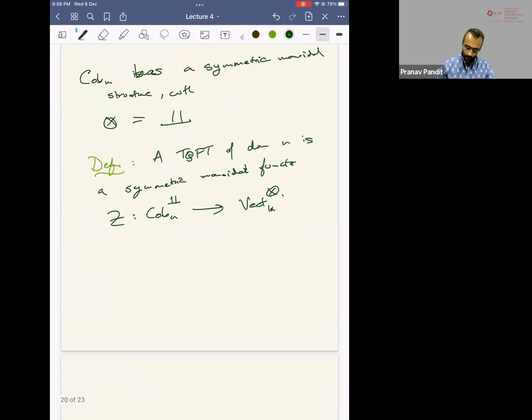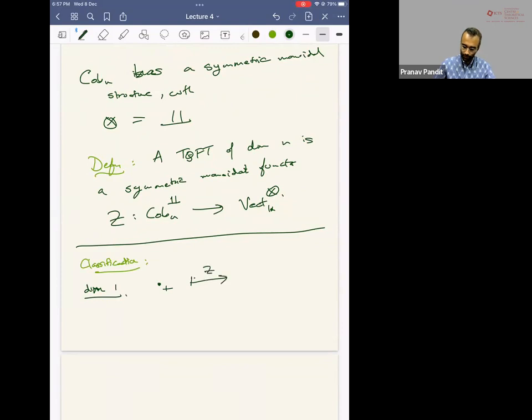So you could try to classify these objects. You can ask, what is a one-dimensional TQFT given by? In dimension one, your objects are zero-manifolds with orientation. So you have the point with the positive orientation and the point with the negative orientation. Suppose I have a TQFT which sends the point with the positive orientation to a vector space V, then it must send the point with the negative orientation to the vector space V dual.